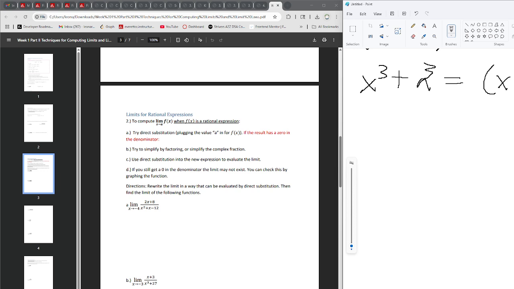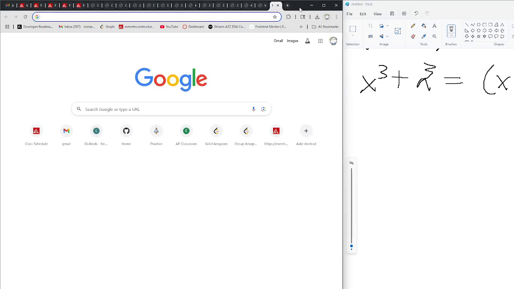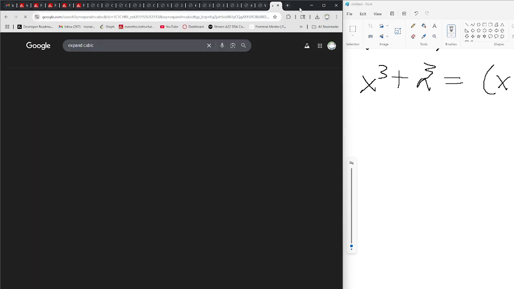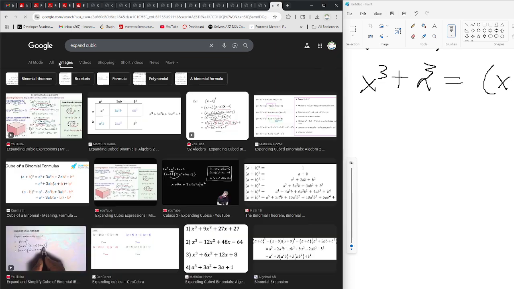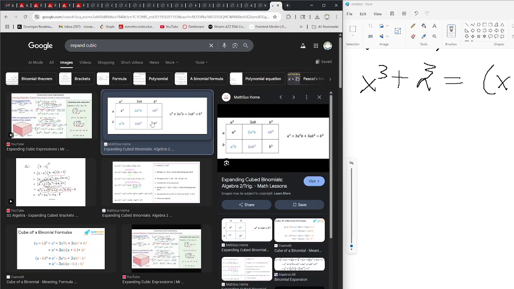Is that true? I should just Google it. Expand cubic.